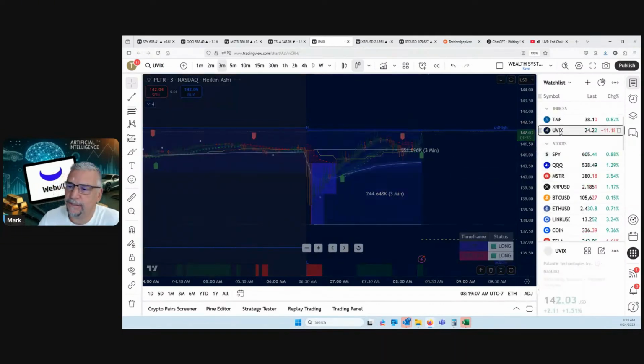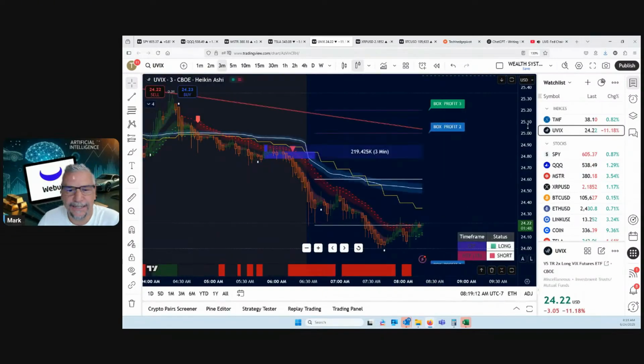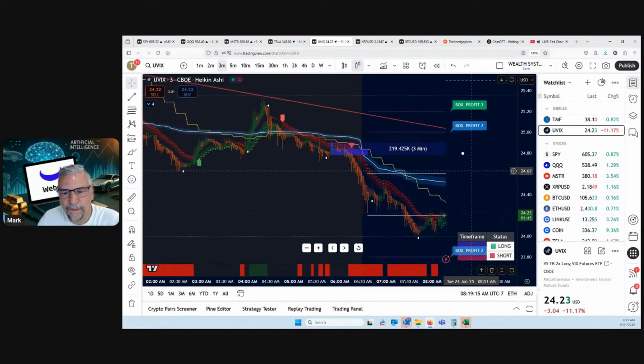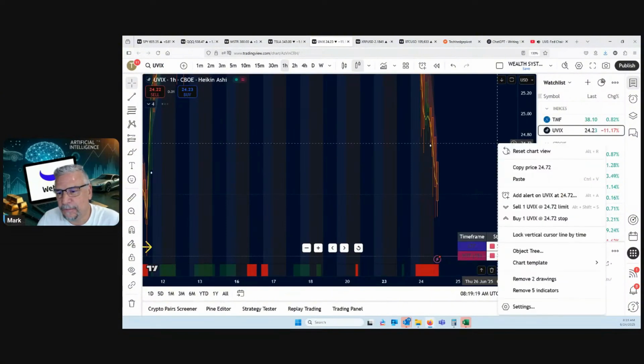Yeah, the UVIX. If you're interested in risky plays, which I am at times, I would say go into, let's say, the 1 hour chart on the UVIX.